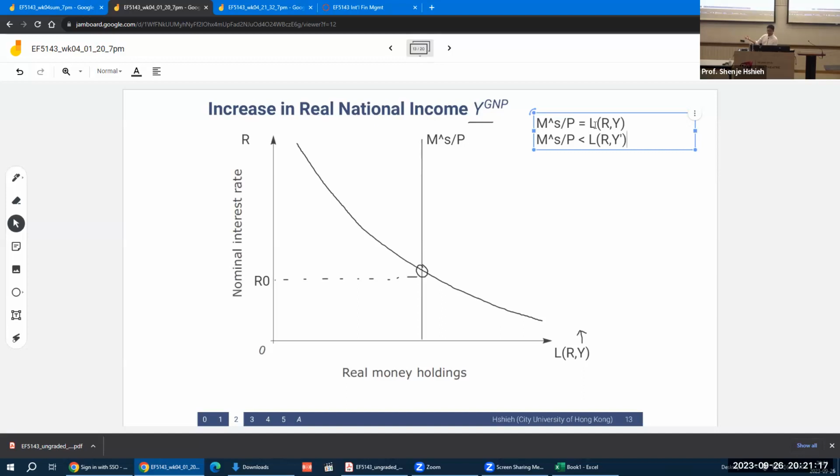Market equilibrium is no longer clearing, right? You're not going to have an equilibrium. So what's going to happen? Assuming the central bank doesn't change the money supply or price levels don't change, then the only other parameter that can change is interest rates. Agree? So which direction must interest rates change to restore equality?